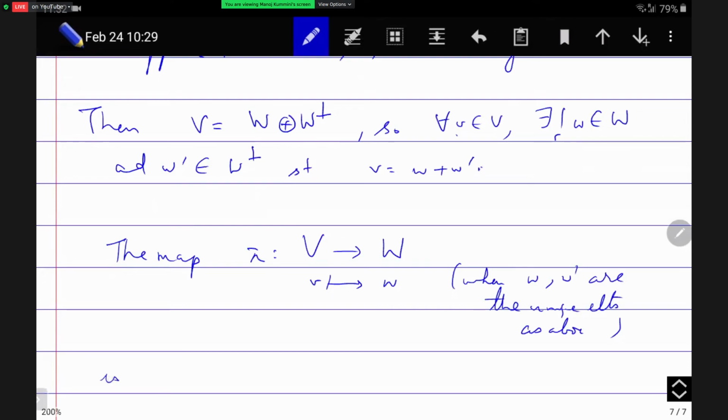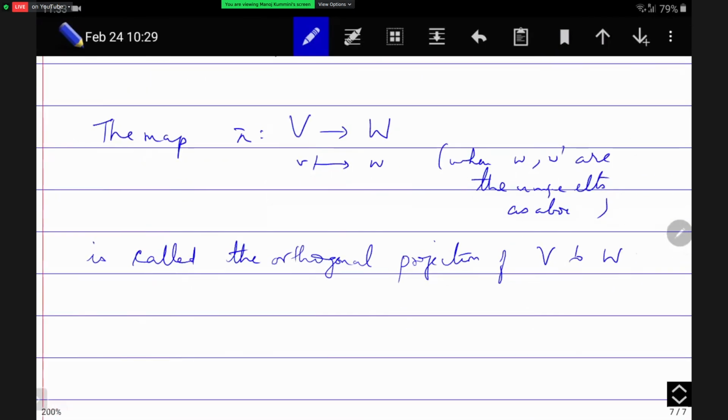It is called the orthogonal projection of v to W. And what one should keep in mind is that pi of v and v minus pi of v are orthogonal to each other.